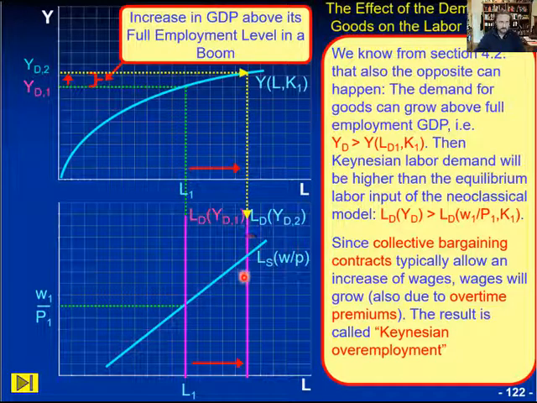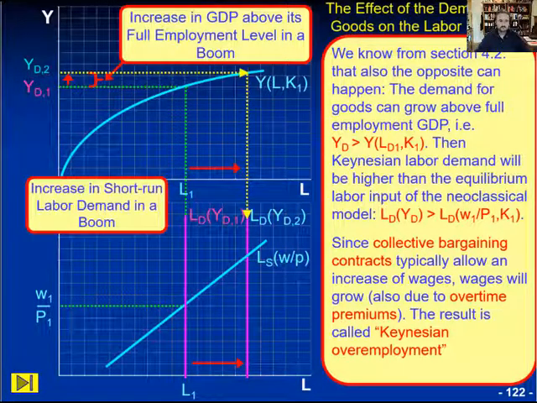This will be now our labor demand curve, our Keynesian labor demand curve. To receive this additional amount of labor, firms must pay higher wages than the collective bargaining wage rate. In economic booms, workers receive typically so-called overtime premiums.